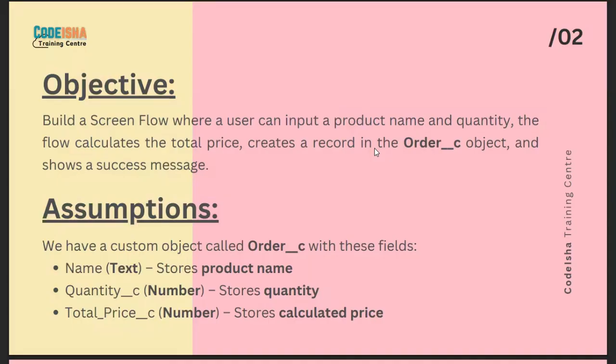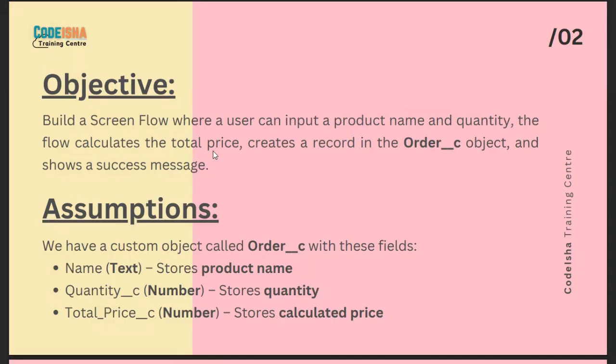So here are our objective and assumptions. We build a screen flow where a user can input a product name and the quantity, and the flow calculates the total price, creates a record in the Order object, and shows a success message. This is our requirement.